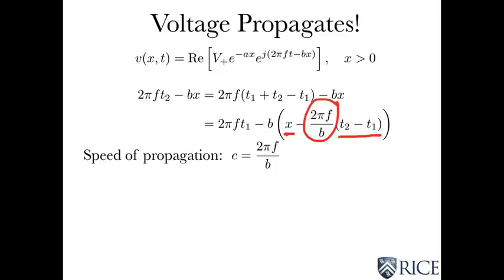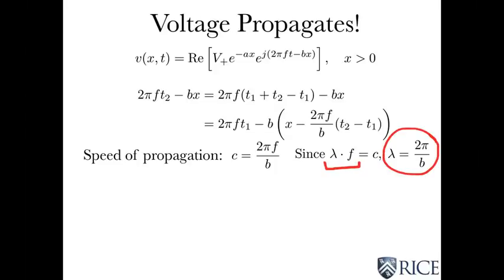And once we know that, we now can calculate the wavelength. The wavelength is given from this classic formula which applies to all propagating waves, that the wavelength times the frequency is just the speed of propagation, so we find that the wavelength is 2 pi over b.